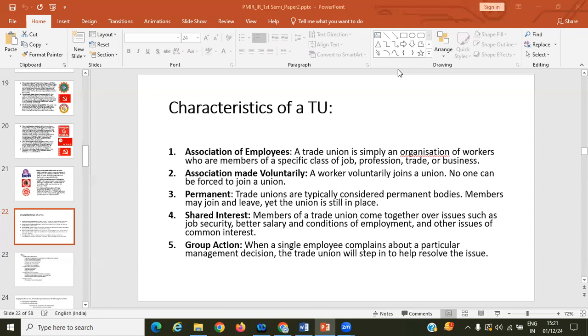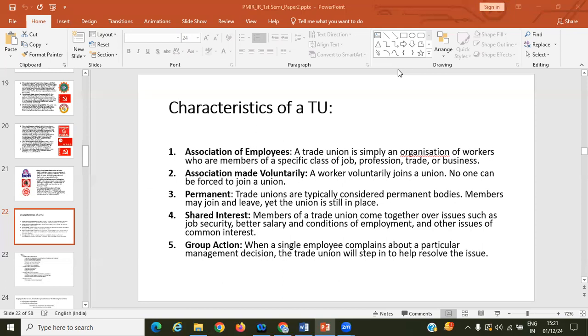If you complain, your management may not listen. But if you do the same thing through the union, maybe there is a chance they will listen, they will understand, they will solve the problem. That is group action.